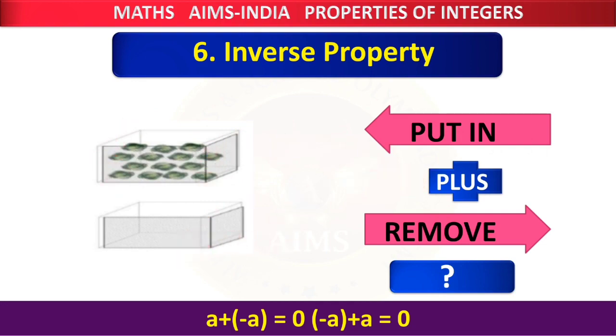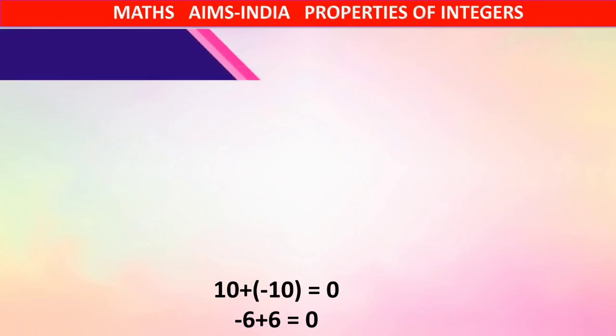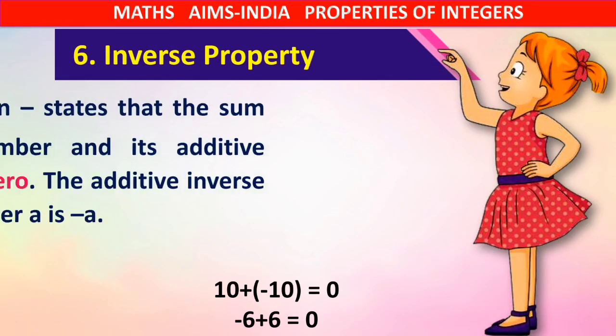The answer will be 0. See, when I put 5 leaves in a box and I take out all the 5 leaves, will anything be remaining in that box? No, nothing will be remaining in that box. When I say nothing, which number is used to represent that? The number 0 is used to represent that, right? Yes.